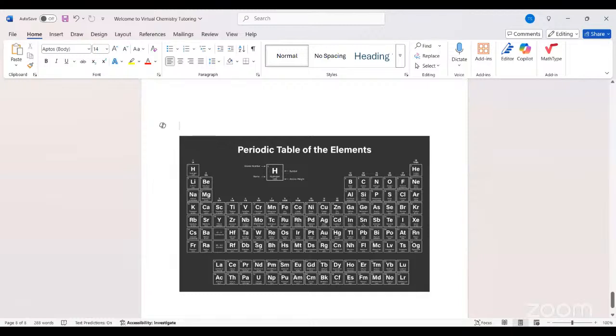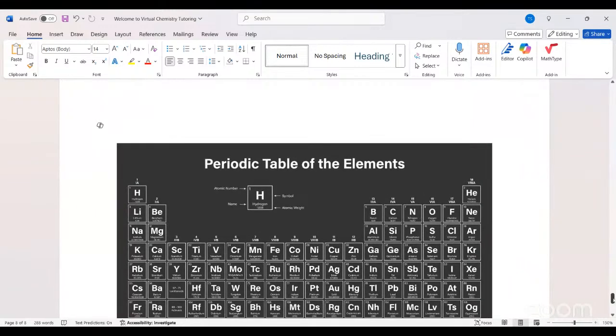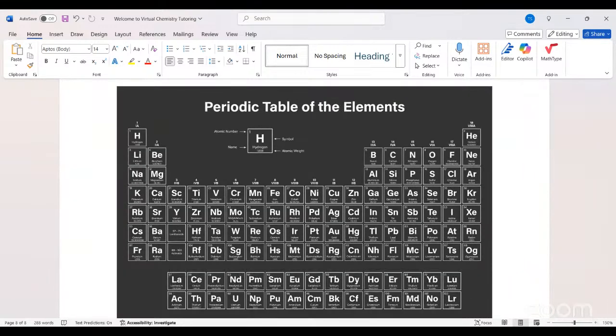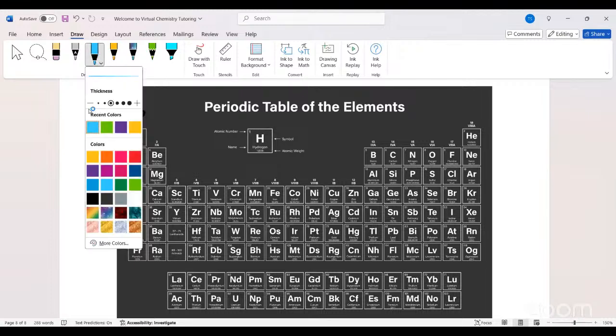On the S block, over here within groups 1 and 2, let me make it a little bit larger so you can see it. Okay, there we go. Over here in groups 1 and 2, these are called your S blocks. So right here, you have your S's.